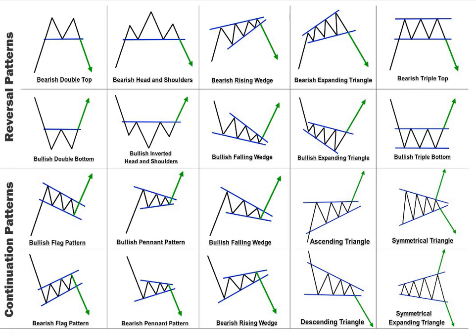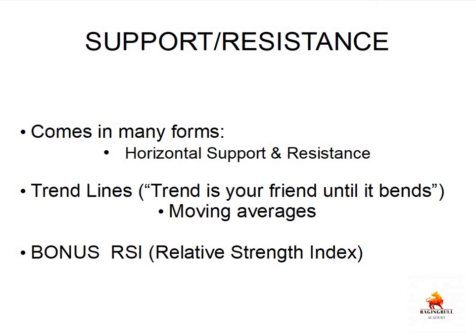Let's start with our support and resistance. Okay, so again, support and resistance comes in many forms. Horizontal support and resistance, they move up and down. I'll explain to you how the support and resistance work. Trend lines, very important quote is, trend is your friend until it bends.